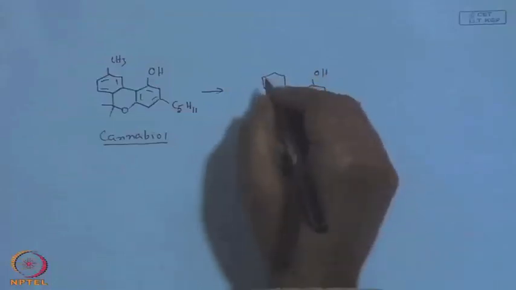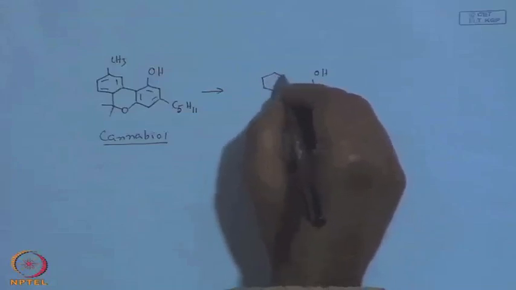The active form is partially hydrogenated. That means this ring part remains as it is, then you have a phenolic OH group, and this is partially hydrogenated here, then you have hydrogen up here and then alpha hydrogen, and this is known as tetrahydrocannabidiol. Of course, this is the more active one.